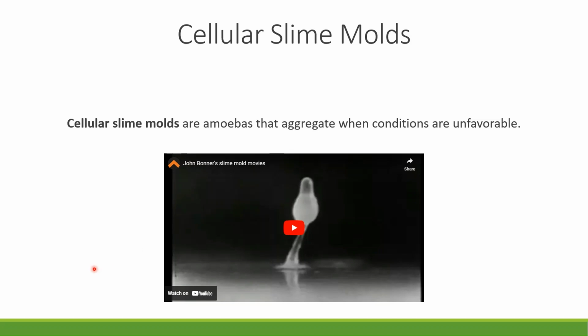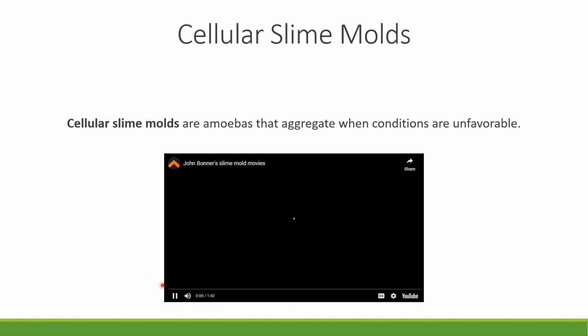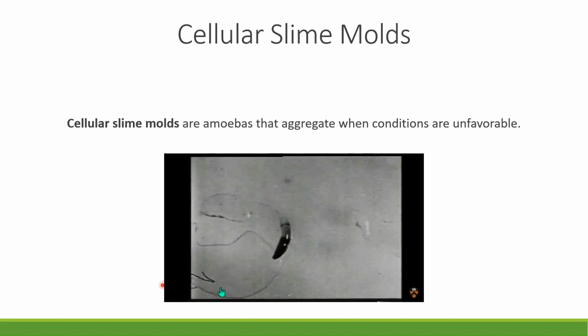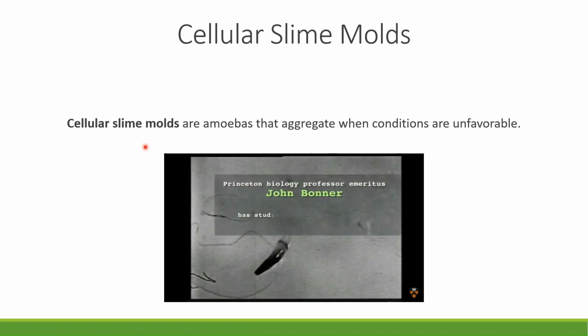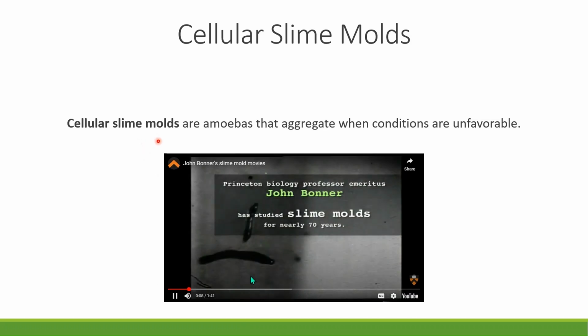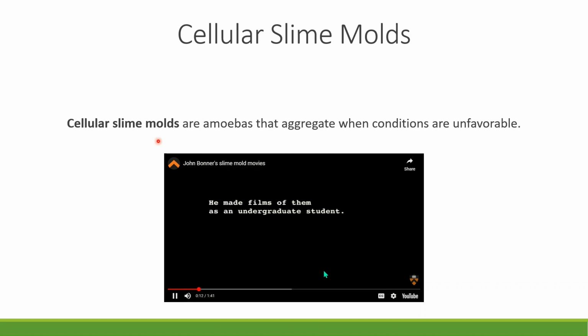And they can aggregate when they're under unfavorable conditions and form this structure here in order to try and relocate to greener pastures. And I just wanted to share with you what this looks like. So these slime molds are considered single-celled organisms, but they come together and form a quasi-multicellular organism.